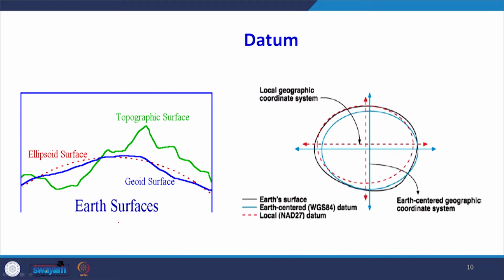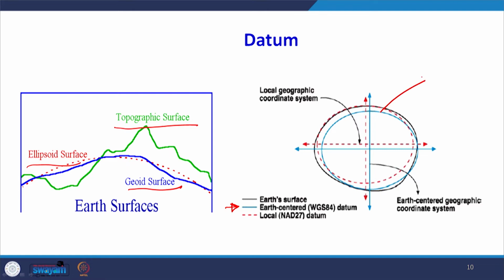Now, if we look at the datums, one is the mean sea level, another is the mathematical surface of the earth, and the third one is the WGS84 datum. This is well shown in this diagram. Here we have the topographical surface, the ellipsoid surface and the geoid surface. We are here talking of the blue one, which is the WGS84 datum.